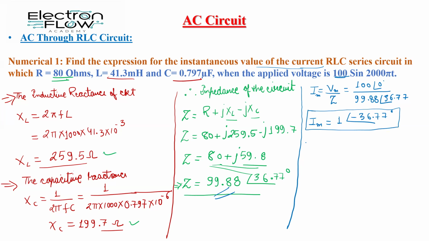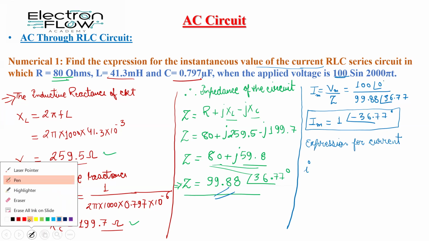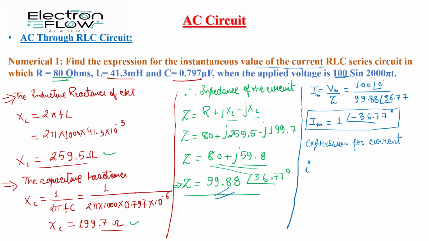Therefore, the expression for the current is i equal to Im sin omega t plus minus phi.